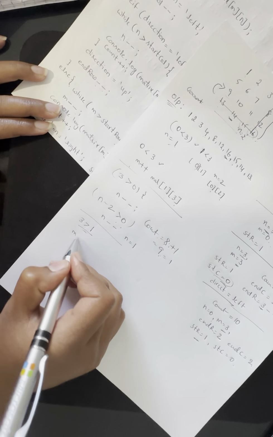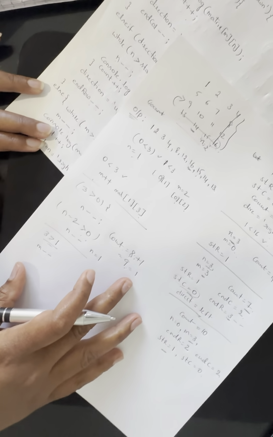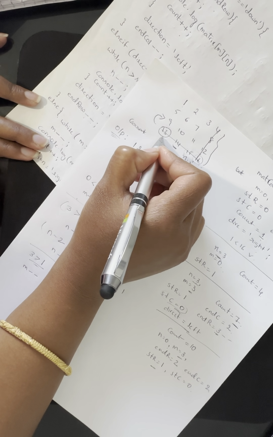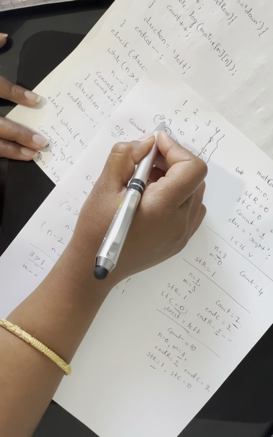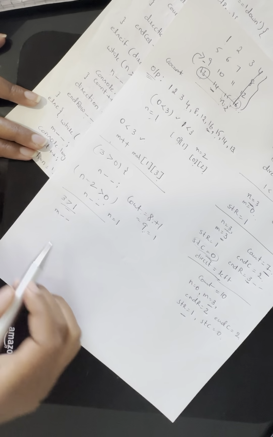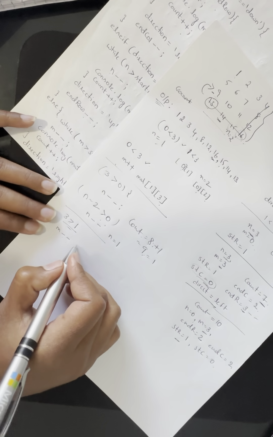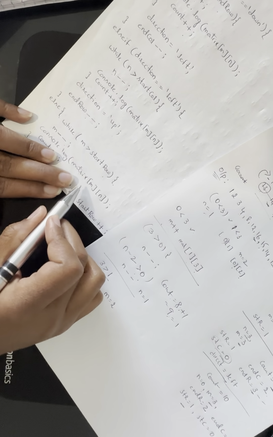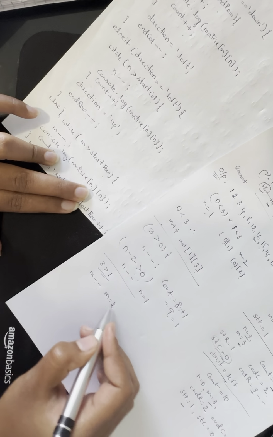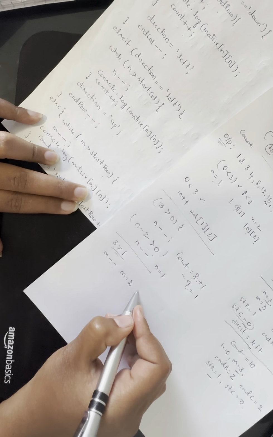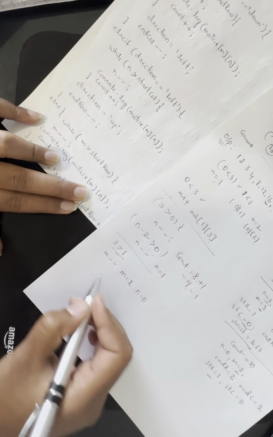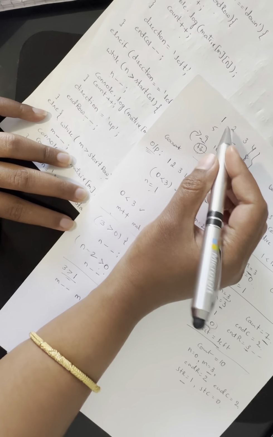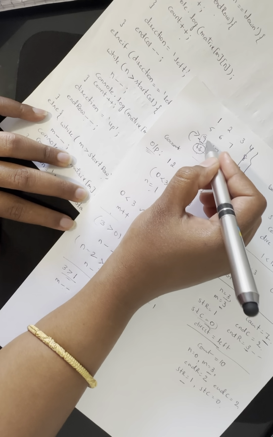So first we are doing m minus minus, because we have already printed the 13 here. So we need to start from 9, since we are doing m minus minus, which makes m equal to 2, and we are going to print out matrix of m n. So m is 2, and n is at 0. So the second row and 0th column we have 9.